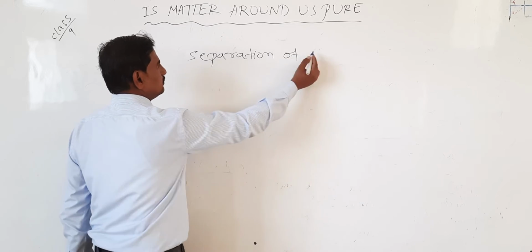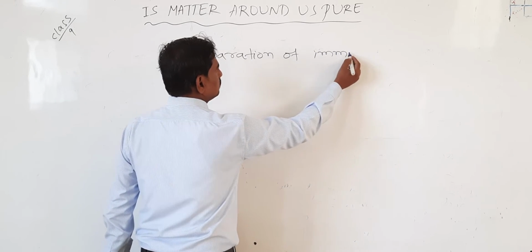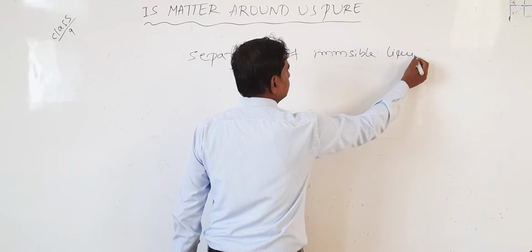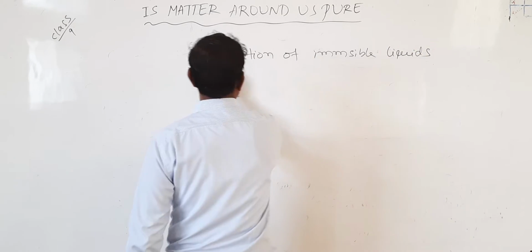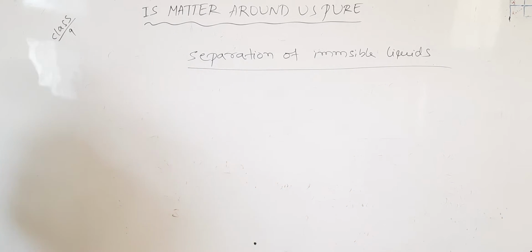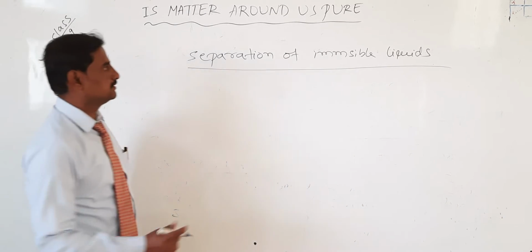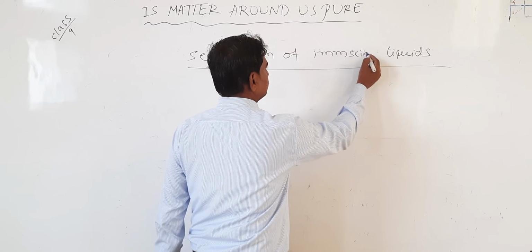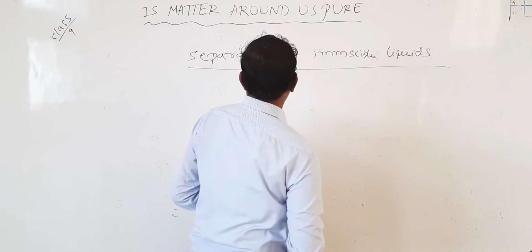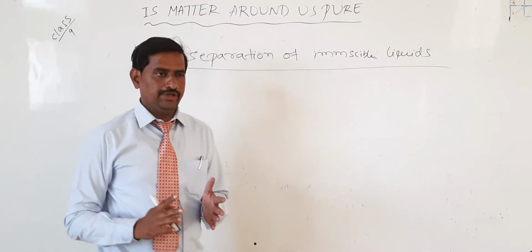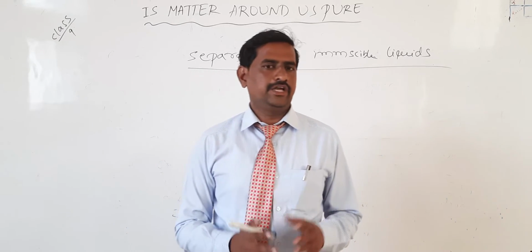Separation of immiscible liquids. How can we separate them? Immiscible liquids are liquids with different densities, like oil and water.